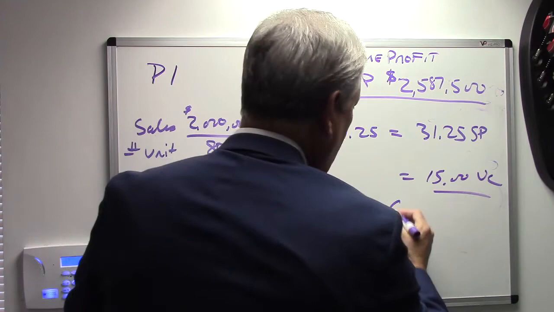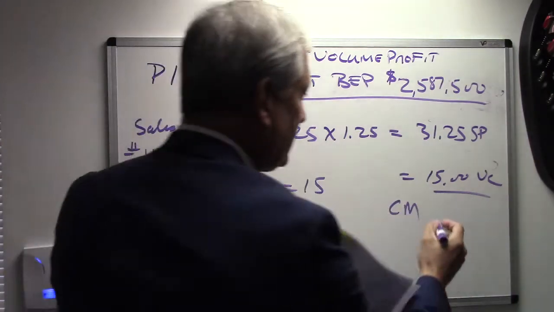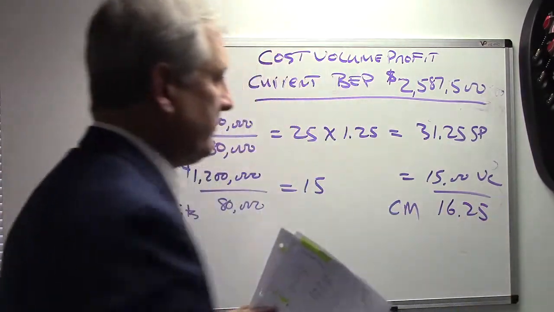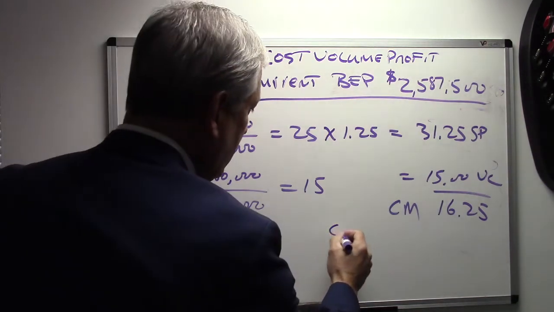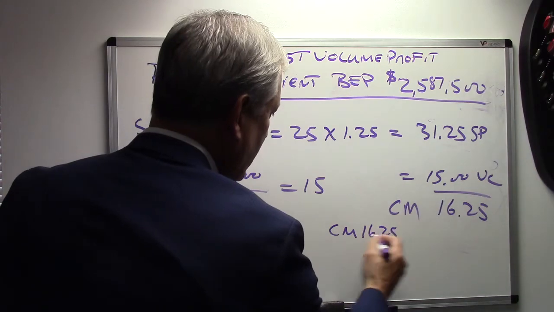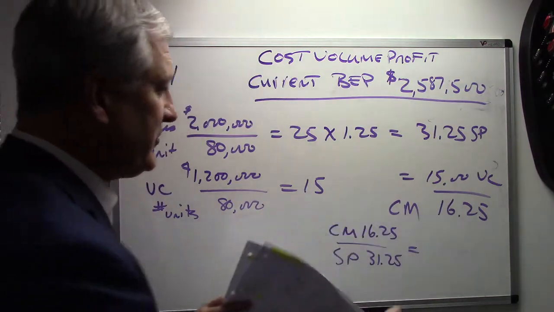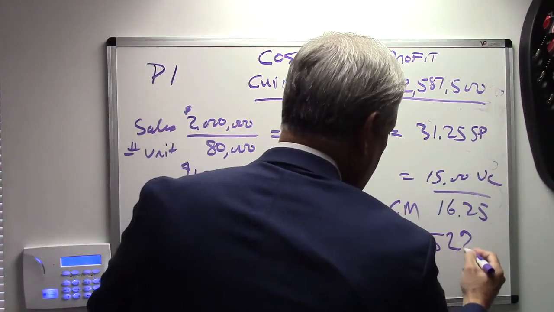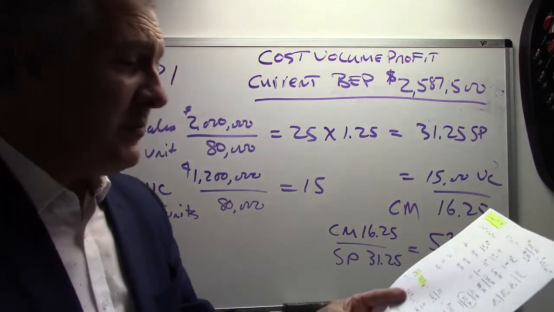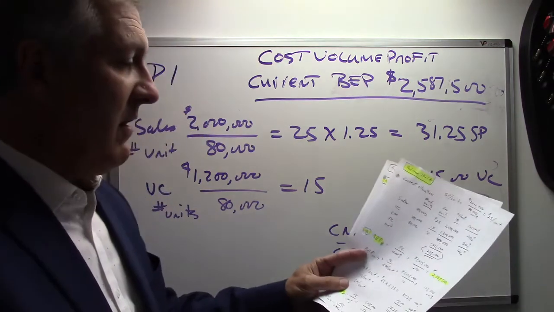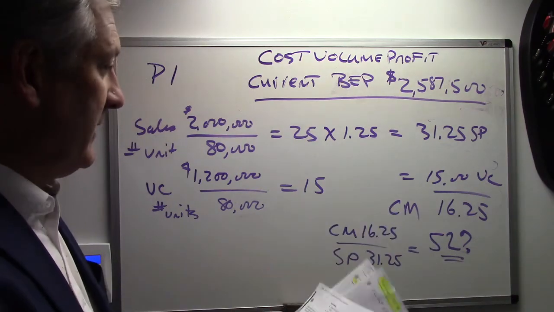So the new contribution margin is $16.25. We're interested in the contribution margin percentage: $16.25 divided by the sales price of $31.25 is 52%. So under scenario B, the contribution margin percentage is 52%.